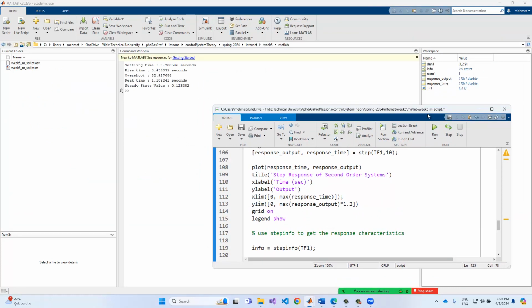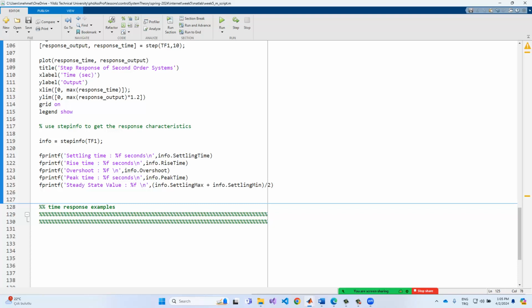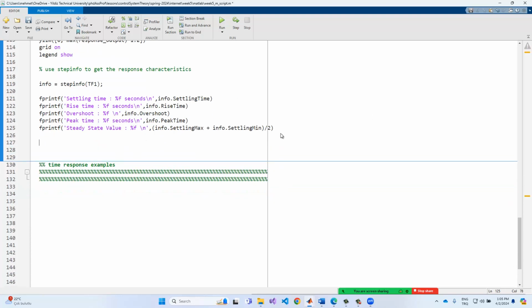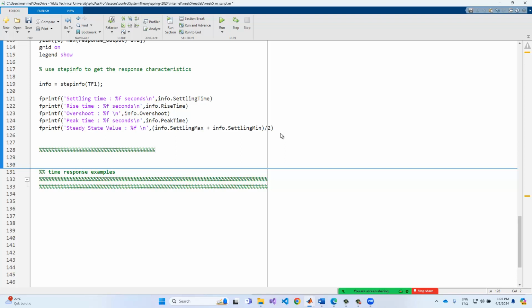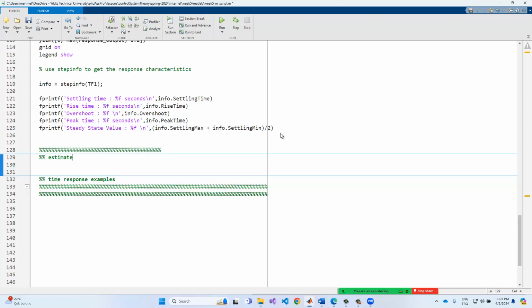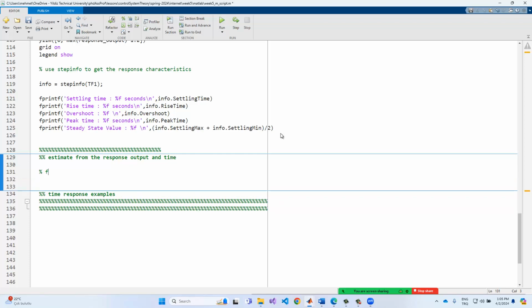These are the parameters, but how can we calculate these terms by hand? We estimate from the response, output, and time. Firstly, we need to analyze the steady state value.